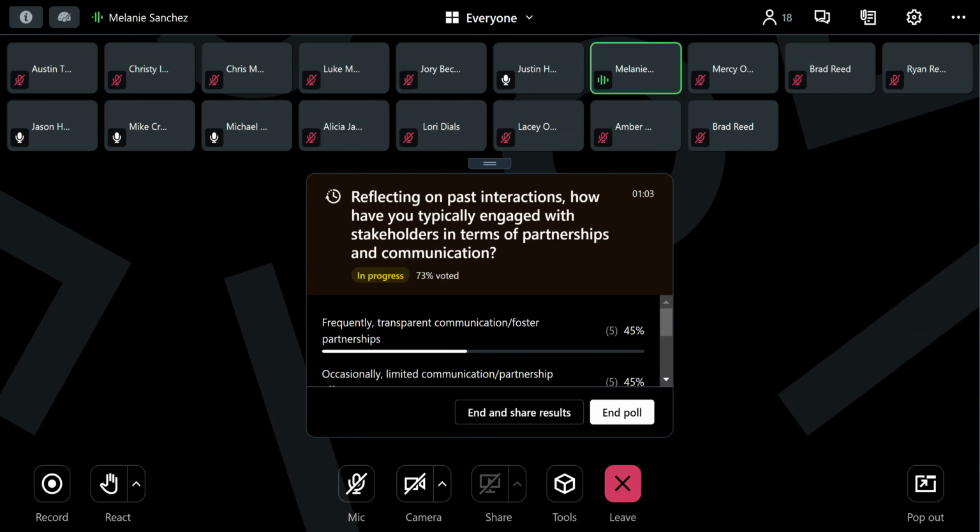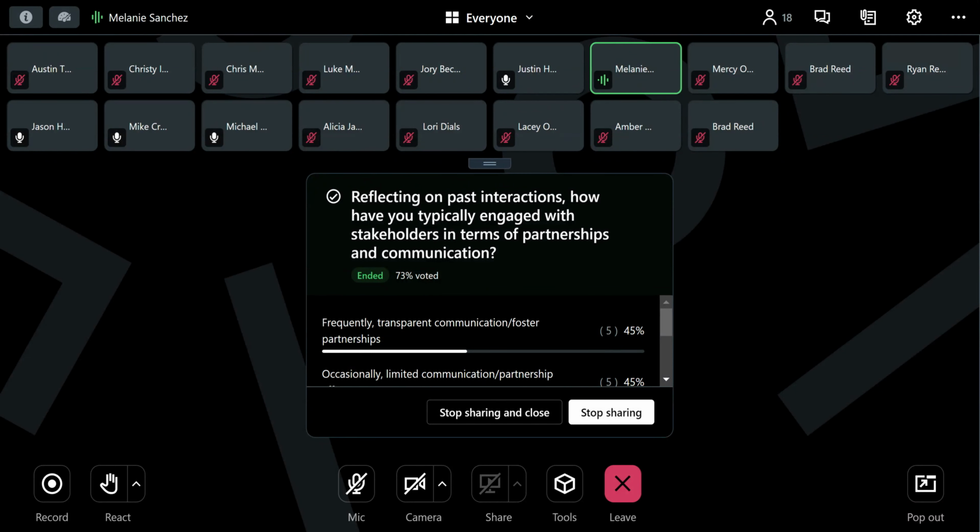It's been about a minute, but I'll give you guys a little bit more time. It looks like the voting percentage is almost as high as it has been. All right, I'm going to go ahead and share these results.